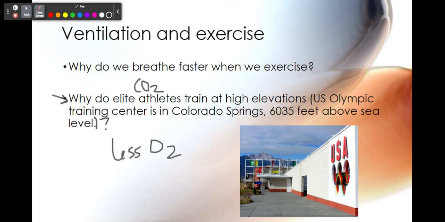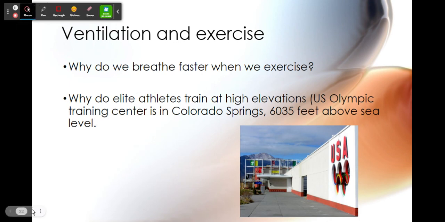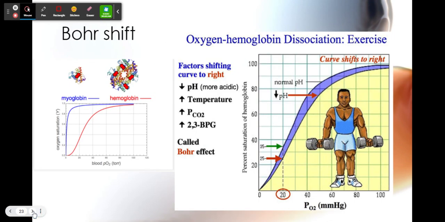More red blood cells will be made so that they can grab onto more of that oxygen because there's less available to grab onto. So we work a little harder to grab that oxygen. But what's kind of cool is that increase in red blood cells doesn't go away right away. And so when you go back to a place that has regular oxygen, but you've got extra red blood cells, you can seriously pack in some huge amounts of oxygen and get those mitochondria making amazing amounts of ATP.